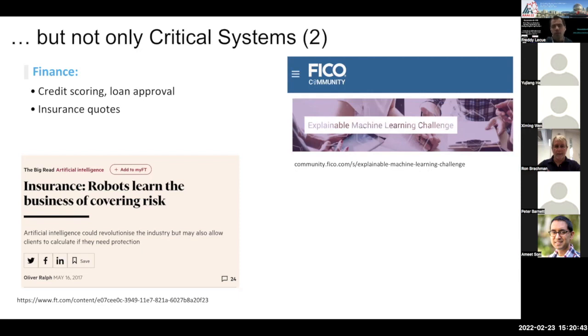That showed that there's strong interest in trying to get a sense of how we can expose and capture explanations from historical data, and it was for loan approval here.